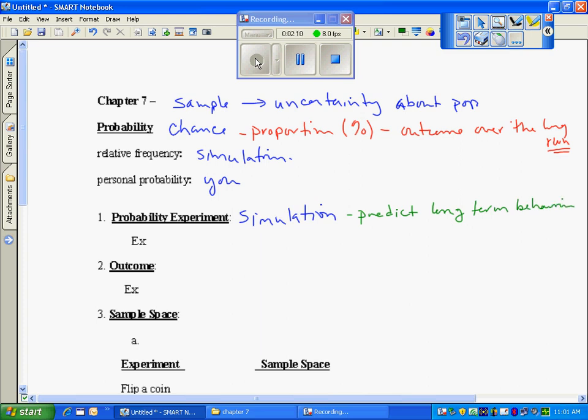And what we use all of these for is to help us make decisions. These probabilities will let us know, hey, if I know it's going to rain today 80%, that's a decision I'm going to make, is to probably bring my umbrella. So again, we use these to help us make decisions.